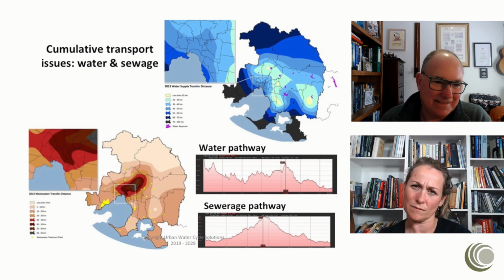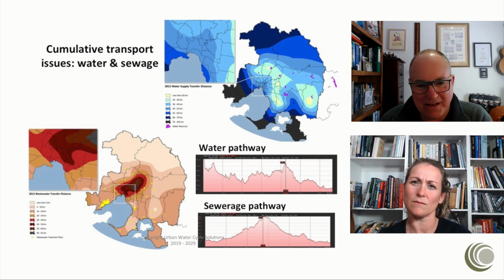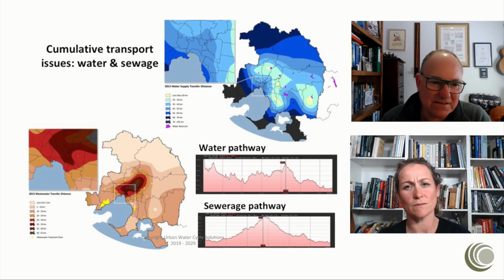And again, it's not all downhill, as you see in the water pathway graph, it's not all downhill in the major infrastructure pathways. The reservoirs are typically up in the hills. However, the pathway and the infrastructure, in this case to the inner city of Melbourne again, is up and down hills all the way to Melbourne.